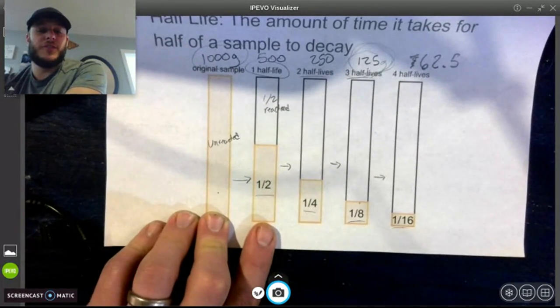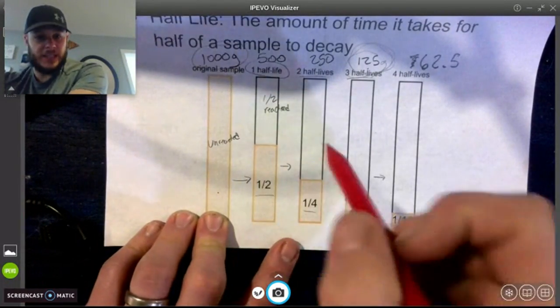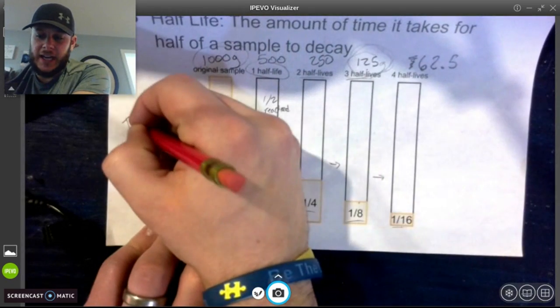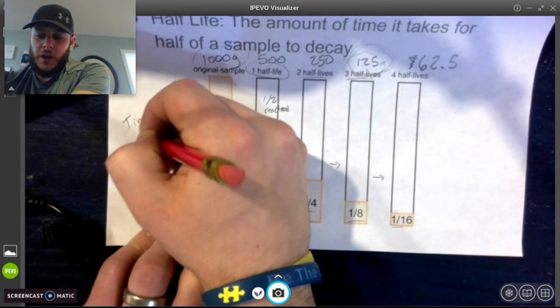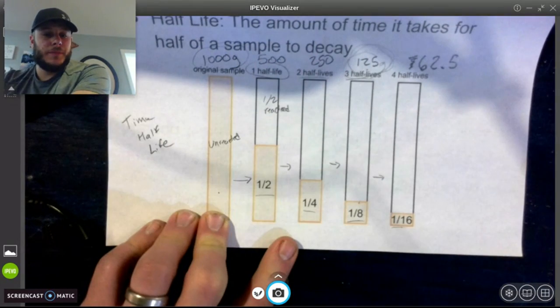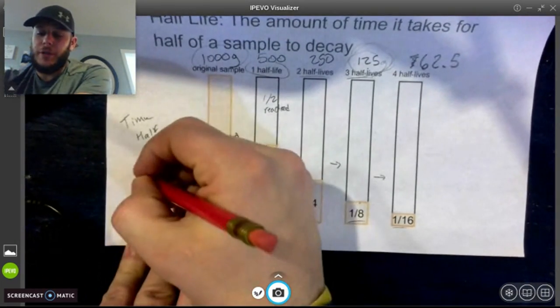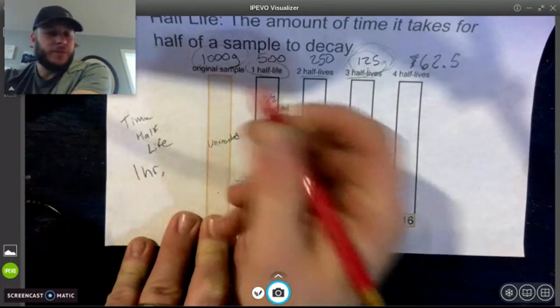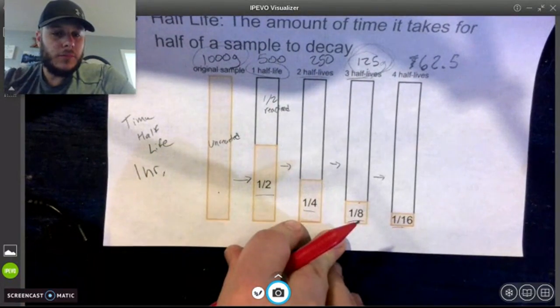There's one piece of information missing from this: what is the time of this particular half-life? I'm just going to arbitrarily write in 1 hour. It'll make it easy, right?